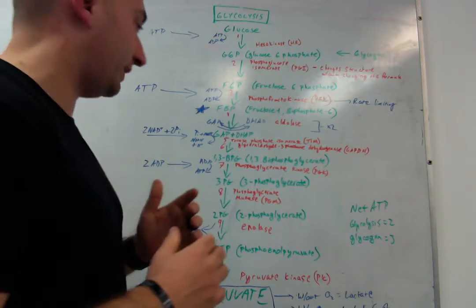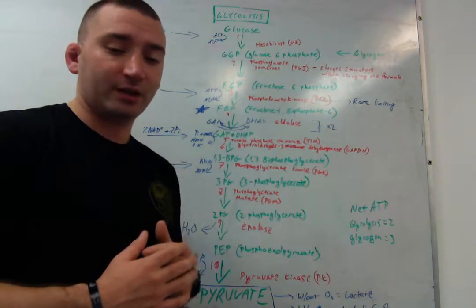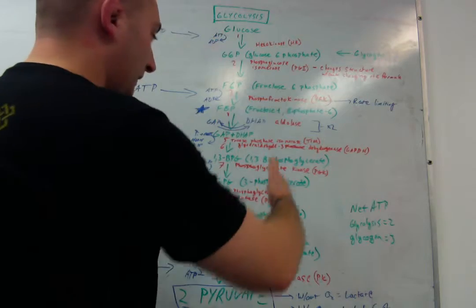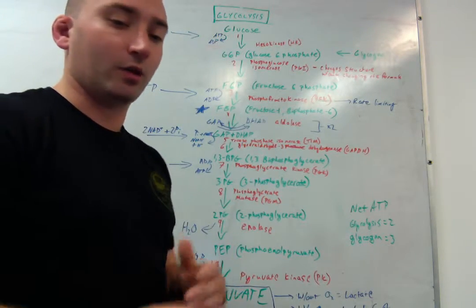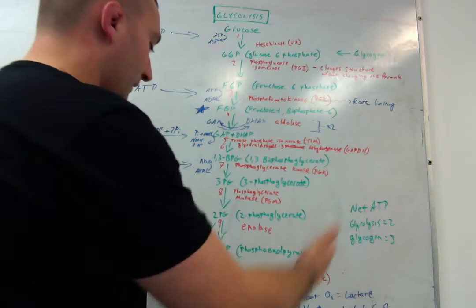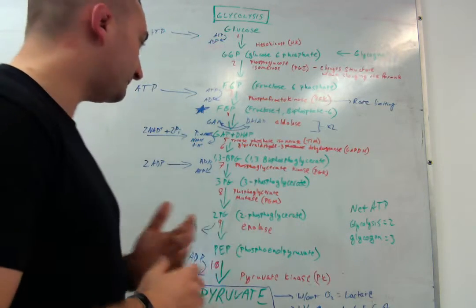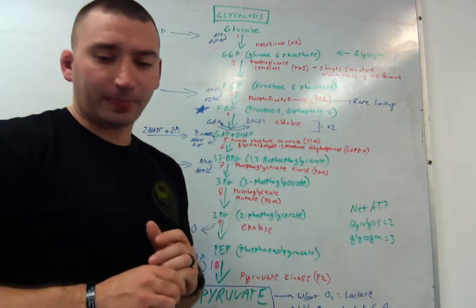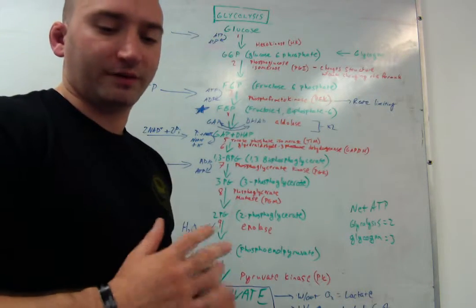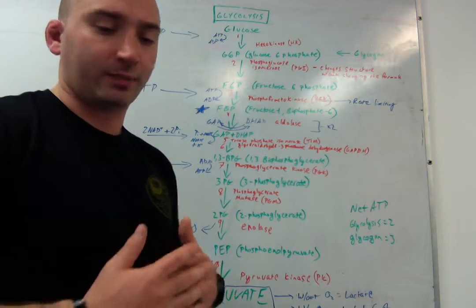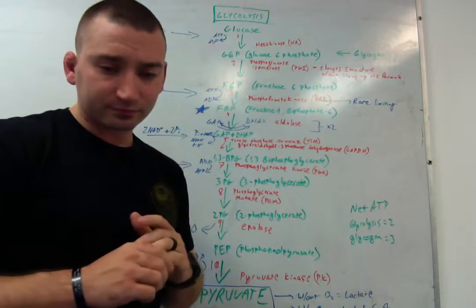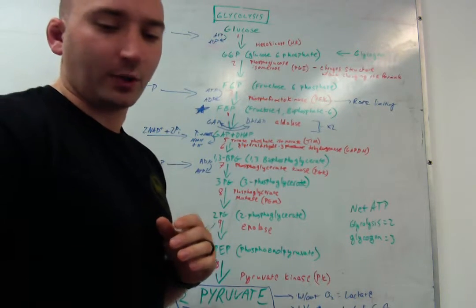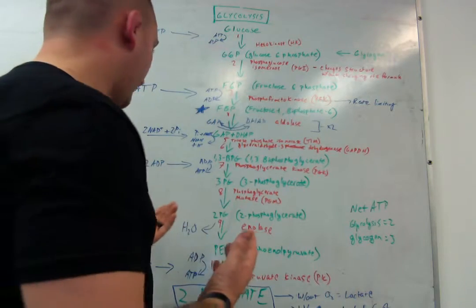From here, this will start the energy generation phase. In this phase, we have two chains running, doing pretty much the exact same thing, or very similar, all the way till we get to the end. So from here, we have oxidation, which is followed by phosphorylation, which is going to produce two NADH molecules and two high-energy BPG molecules.